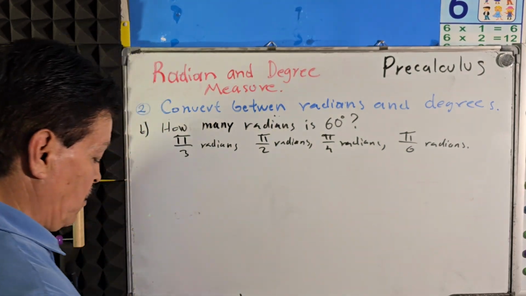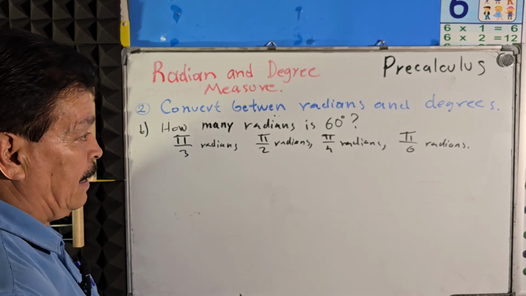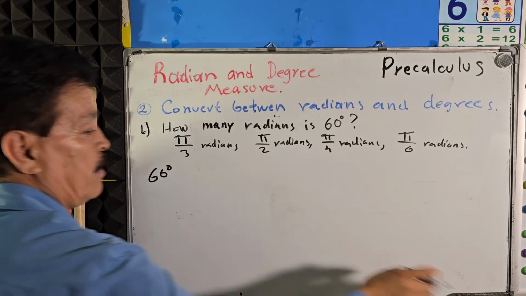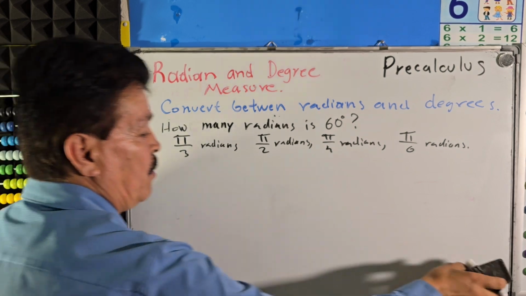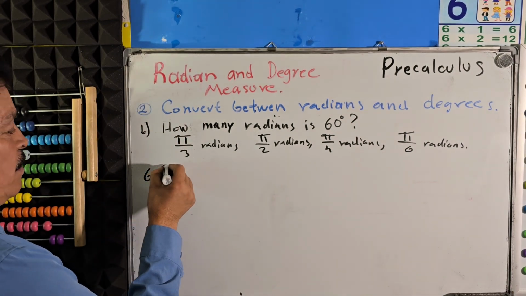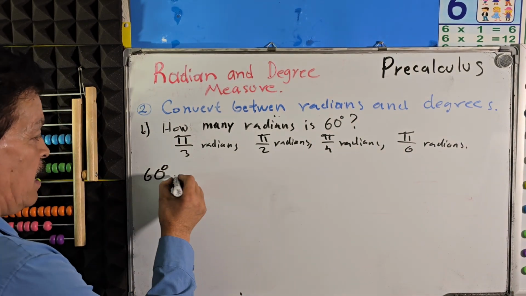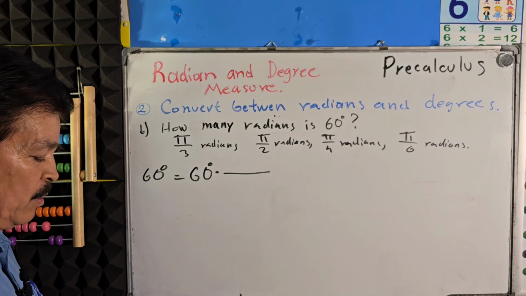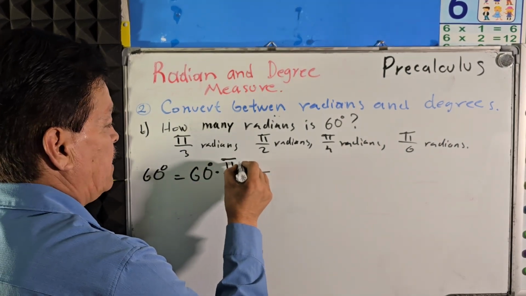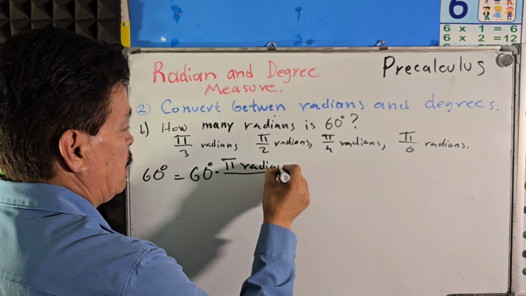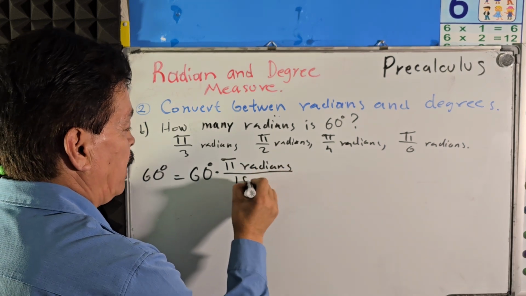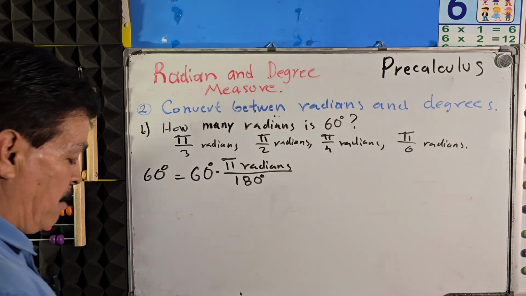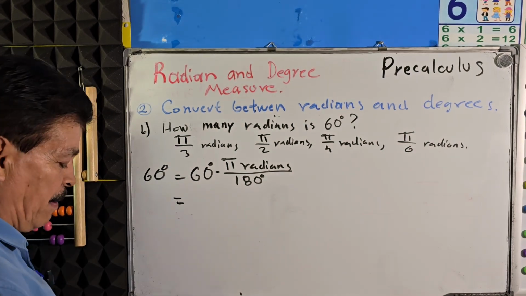Okay, so first step, let's write right here 60 degrees. Remember the formula? So 60 degrees equals 60, but we have to multiply this by pi radians divided by 180 degrees. Okay, first step. Now try to multiply here.